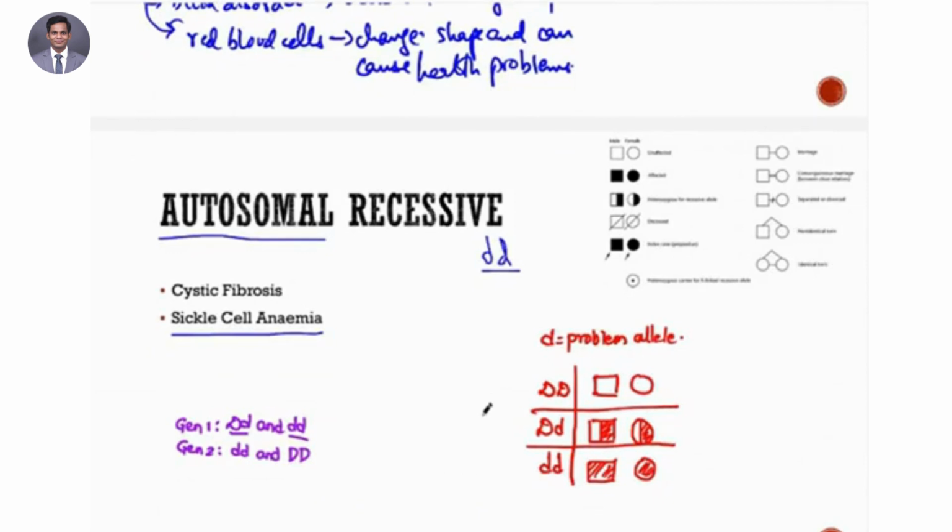How many are unaffected? Let me ask a very simple question. All of you, how many of these genotypes are unaffected, and how many are affected?